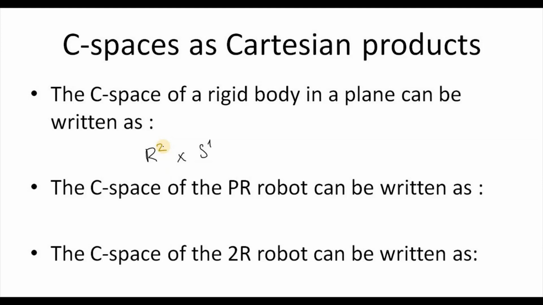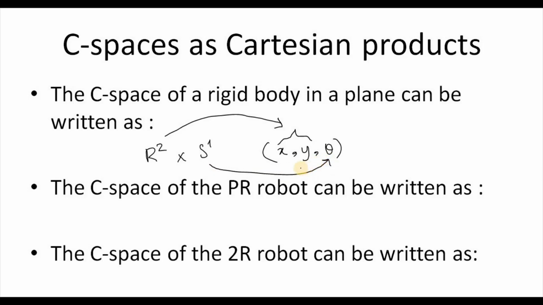So a rigid body in a plane, you remember that it can be represented by coordinates x, y, and theta. So this R square maps to your xy, and your S power 1 maps to your theta.